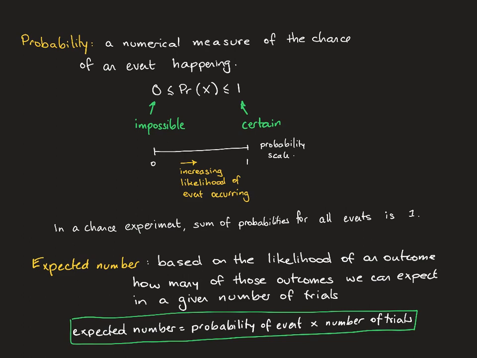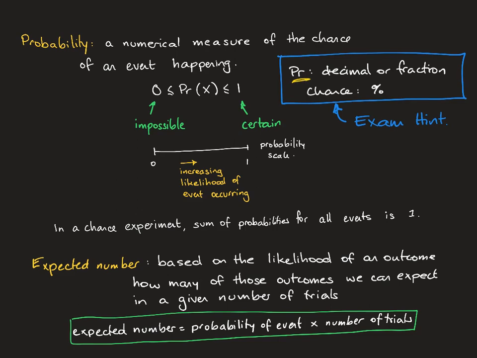It can't be a percentage. Okay, so probability will be decimals or fractions, but chance is a percentage. So if in the exam they ask you for a probability, you better give your answer as a decimal or a fraction. Do not give it as a percentage.